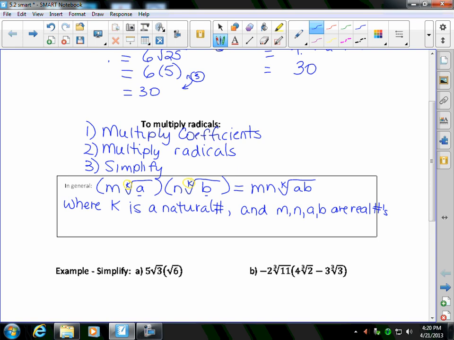Okay, so then that leads to our last restriction on this: if k is even, so if that root value, that index value is even, then a has to be greater than or equal to 0, and b has to be greater than or equal to 0. So all that's saying is that if k is an even index, then you have to have positive values underneath the root sign.